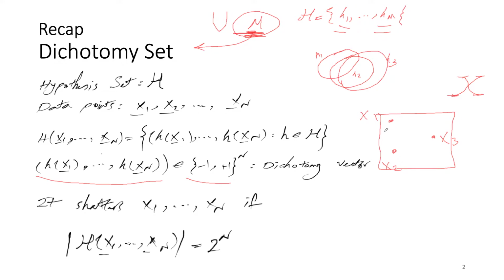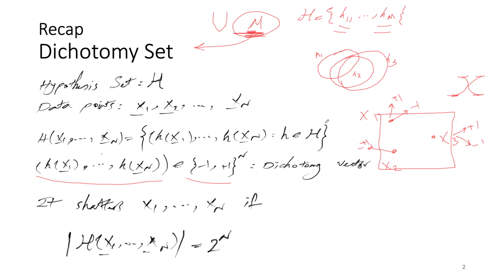And we thought, what is the maximum number of different combinations of hypotheses that we can use in order to successfully classify these, given that each of these can be plus or minus 1.